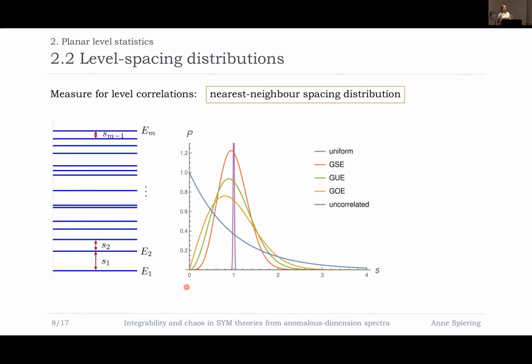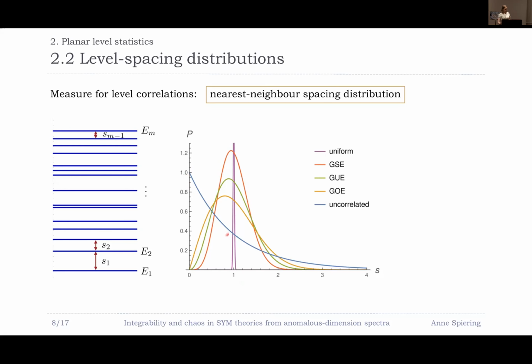For the uniform spectrum, the spectrum of the harmonic oscillator, all the levels are just evenly distributed. So I would always find one spacing, and in a normalized spectrum, it would just be 1. The mean level spacing is 1, and so we would just find a Dirac delta function at 1.